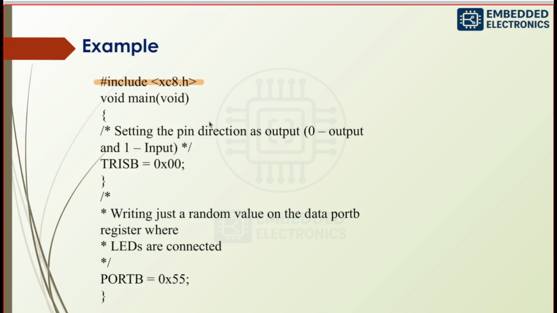Why is it used? Here we are not using the address, because this header will assign the address. Now TRISB equals 0x00, so setting pin direction as output, and here PORTB equals 0x55. So now the LED will turn on.